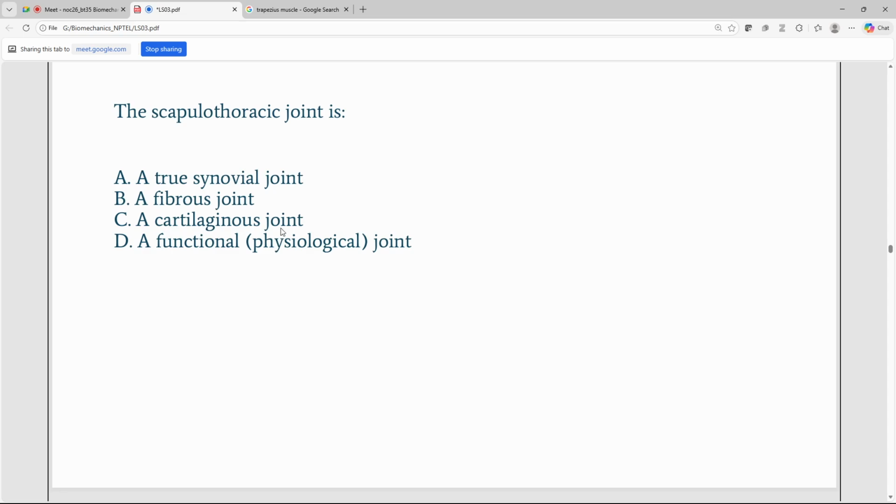Next question. The scapulothoracic joint is, options are: a true synovial joint, a fibrous joint, option C, a cartilaginous joint, option D, a functional or physiological joint.